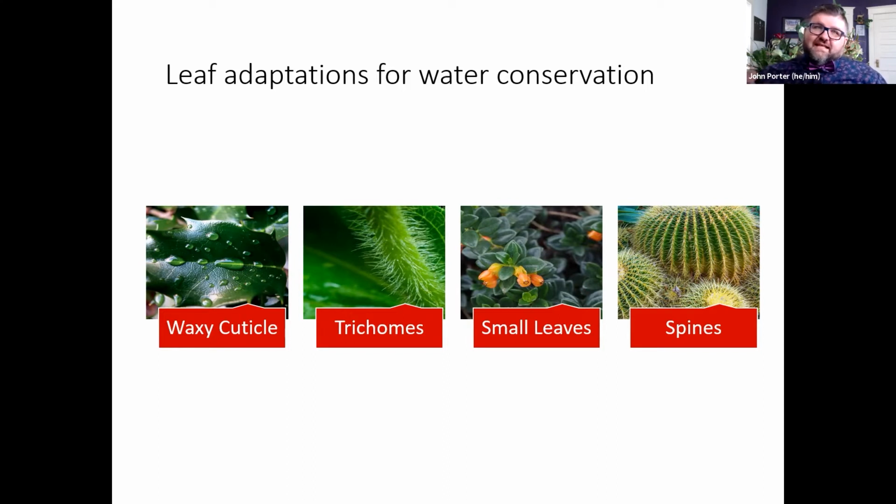They can have really tiny leaves that have fewer of those stomata, those pores, so they don't lose as much water. Or they can not grow leaves at all. They can turn them into spines and be like this cactus. And so the cactus is that really waxy, hard surface, and there are not a lot of leaves to lose water from as well.